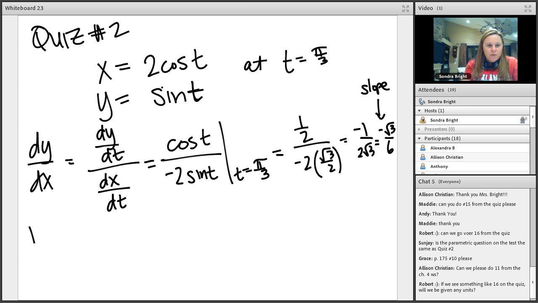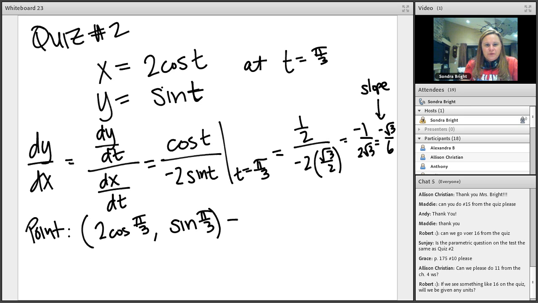To get a point, you just have to plug pi over 3 into t. So your x value is 2 times cosine of pi over 3, and your y value is sine of pi over 3, which means that your point is (1, root 3 over 2).